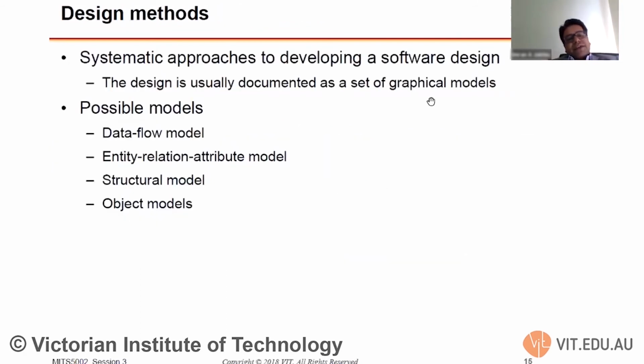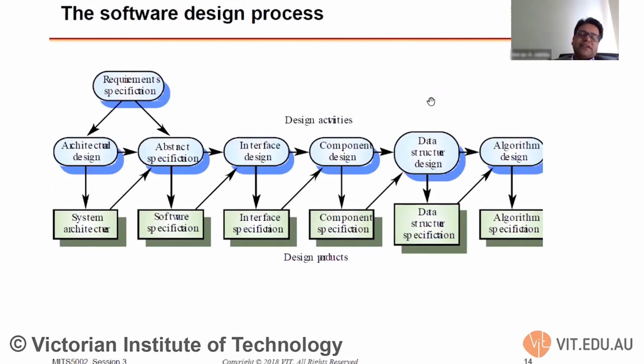All right, so design methods. Overall, before explaining the design method, say if you're designing a software looking at the requirement specification, you can use your own method. There's no problem if it is a smaller software, but here we are talking about larger softwares.